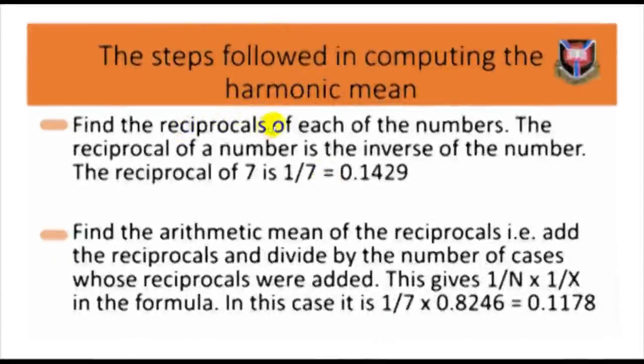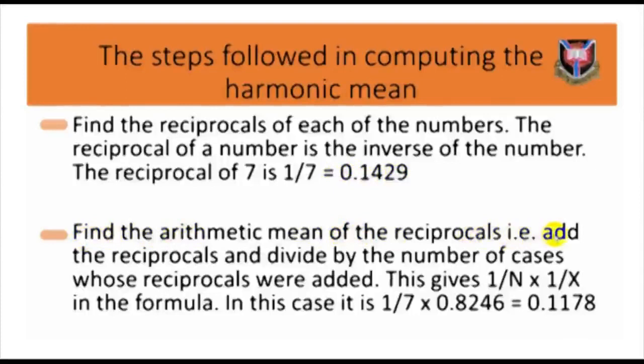1. Find the reciprocals of each of the numbers. The reciprocal of a number is the inverse of the number. The reciprocal of 7 is 1 over 7, which will give us 0.1429. 2. Find the arithmetic mean of the reciprocals.